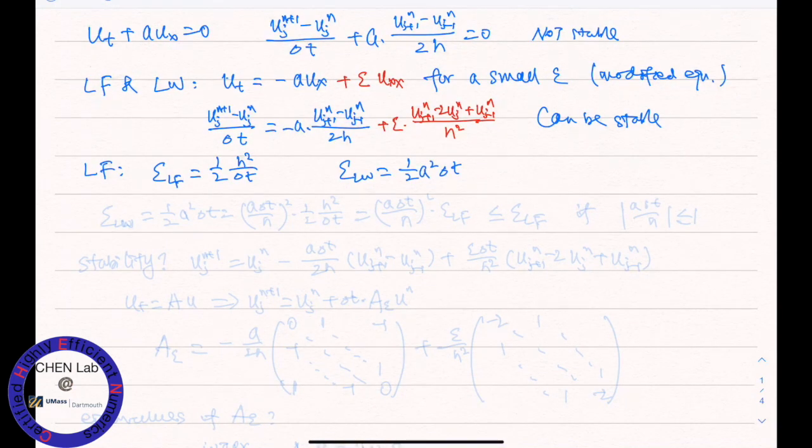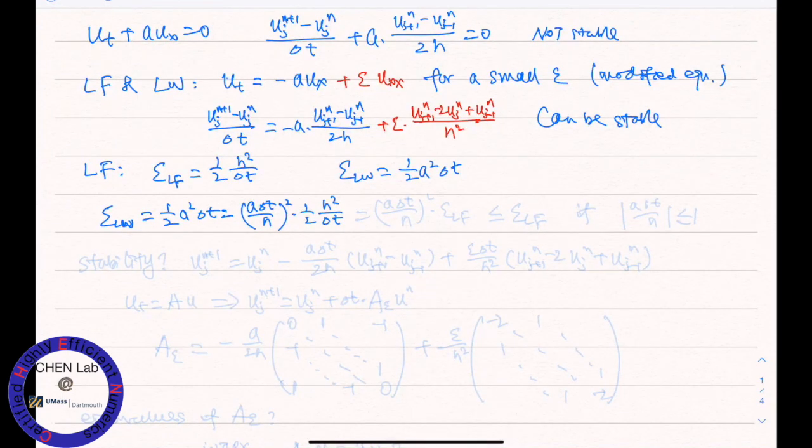It is pretty easy to see that epsilon Wendroff is actually a delta t over h squared times epsilon LF: a squared delta t over h squared times one half h squared over delta t.